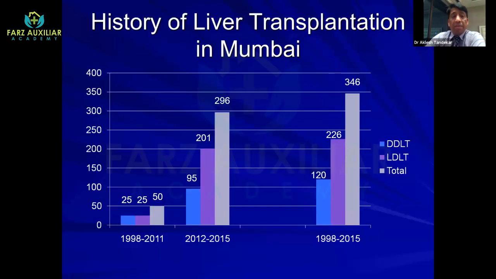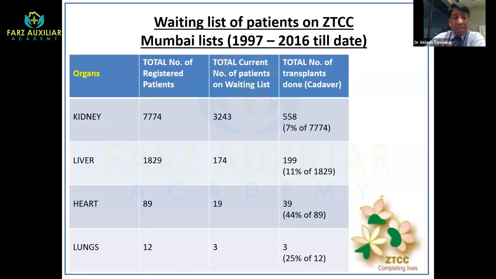When we see Mumbai or the other parts of Maharashtra, the number of cadaveric organ donations has increased. We have set up a registry, and kidney transplantation and liver transplantation numbers have gone up as far as cadaveric organ donations are concerned.